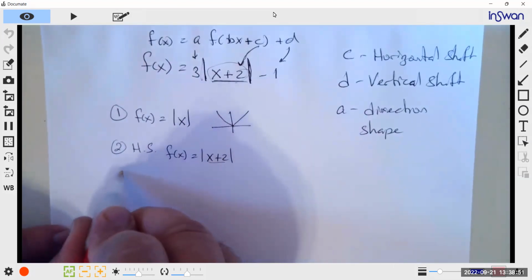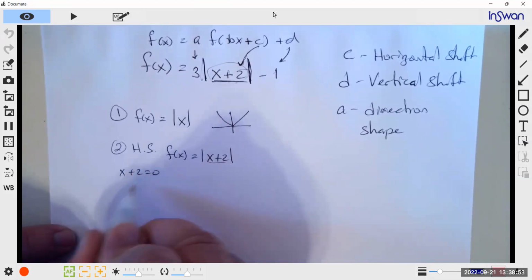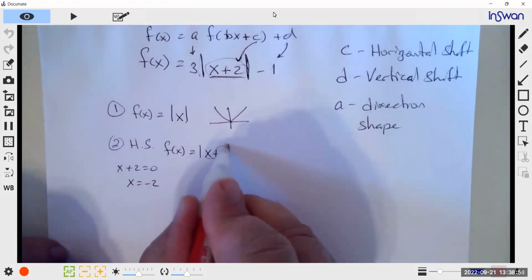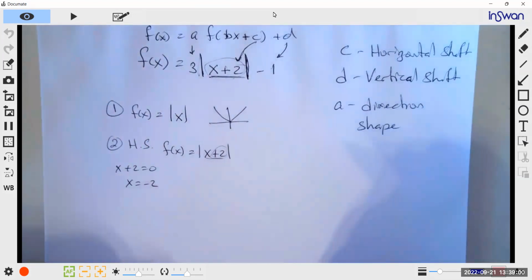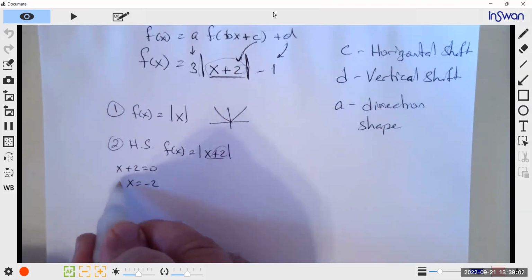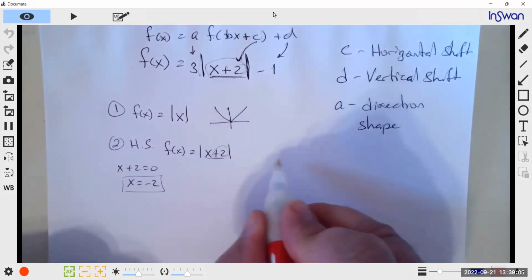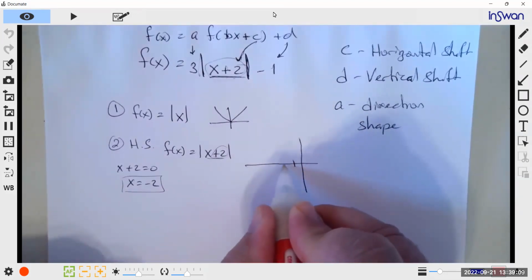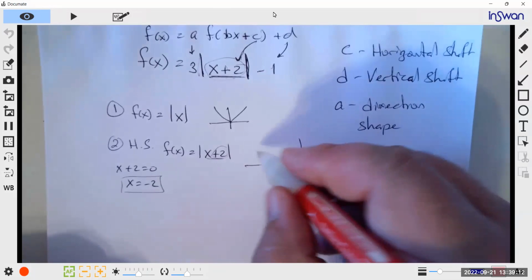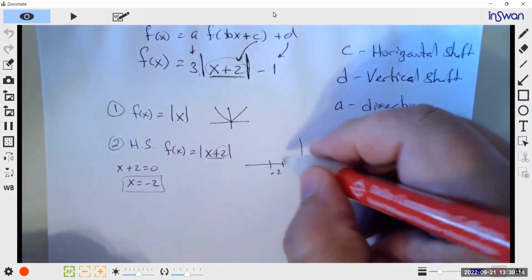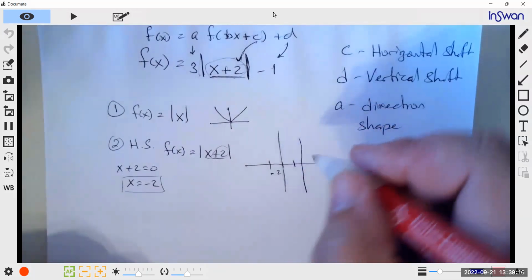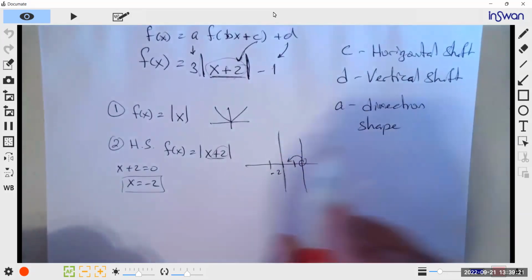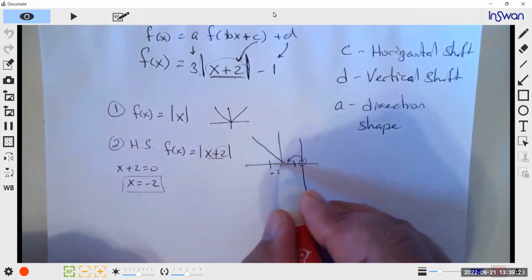Remember, take whatever's inside the function, set it equal to 0, and work it out. Offset, remember, it's always going to be the opposite, like the circles. So we know our graph shifts to the left 2 spaces. So at -2, that's my origin, shifted from there to there. So the graph still looks the same. Nothing's happened to the graph.